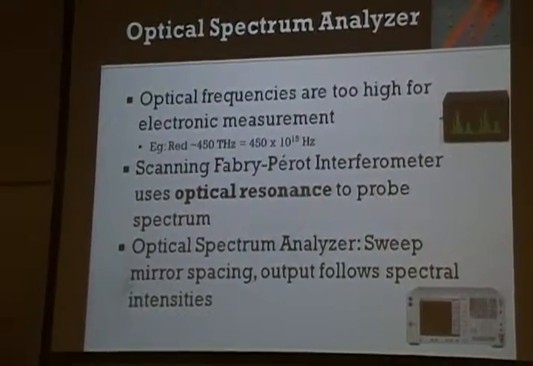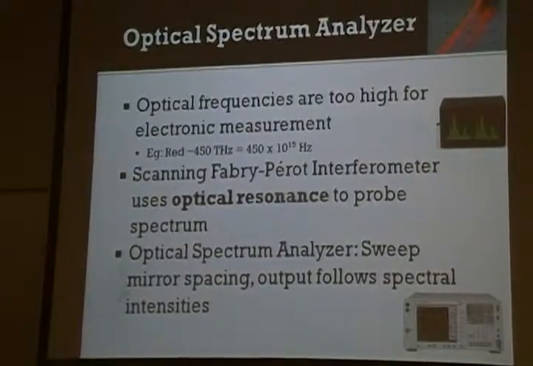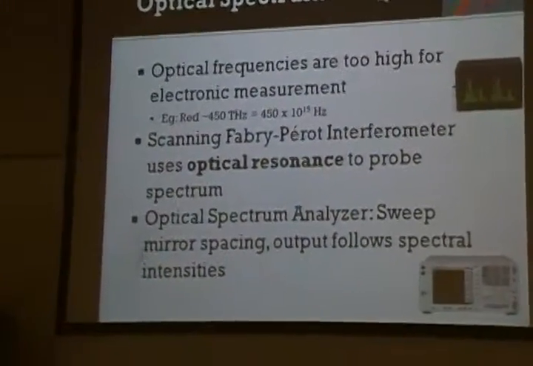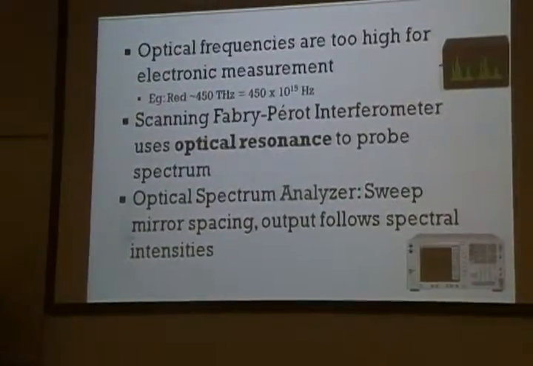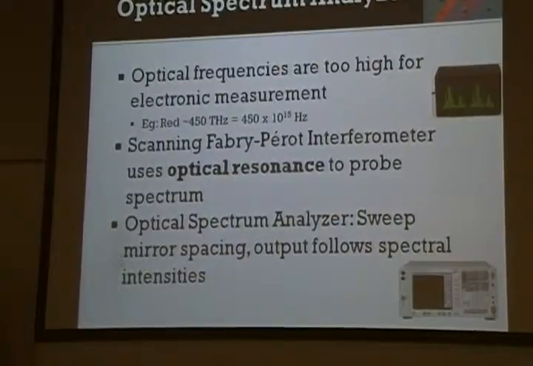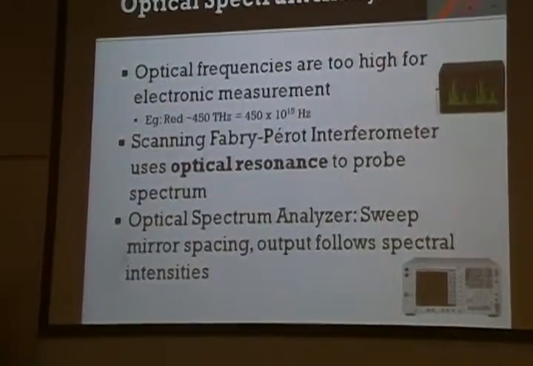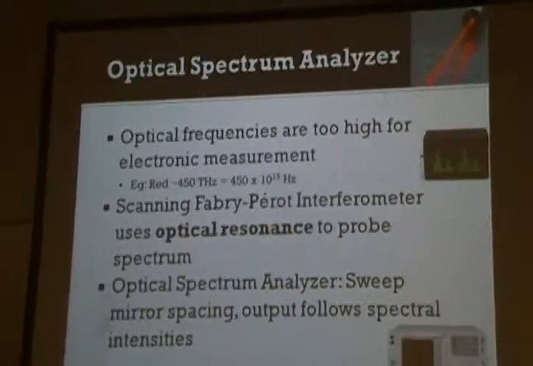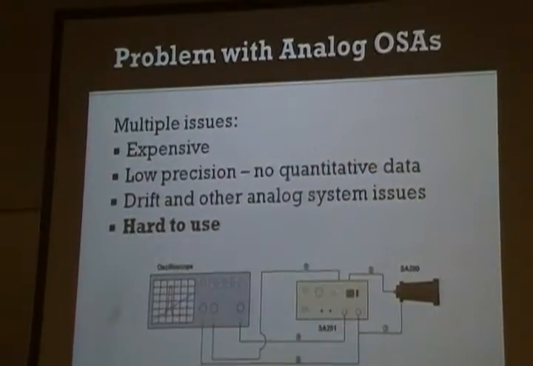So we use something called a scanning Fabry-Perot interferometer, which basically uses optical resonance to probe the frequency spectrum for power intensity. So then we have an optical spectrum analyzer, which uses this interferometer, sweeping the mirror spacing, which changes the resonant frequency. We look at the output of a photodiode against voltage or current, and we can actually see the optical spectrum.